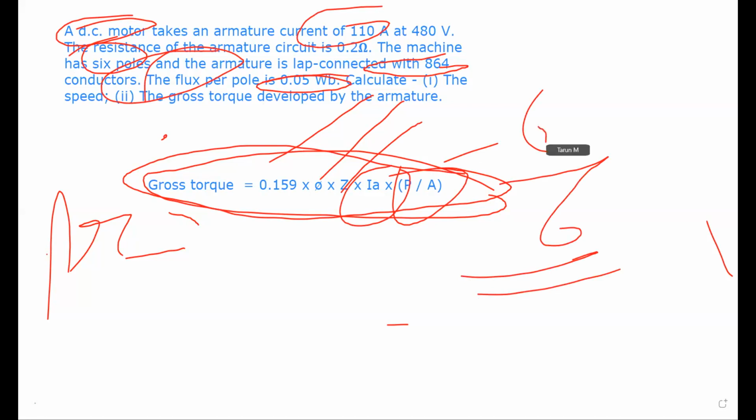So can you calculate torque now? Just calculate and tell me the value. 755. 755. Okay, 0.56.